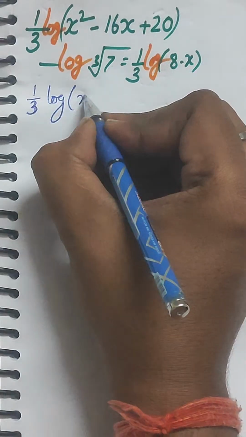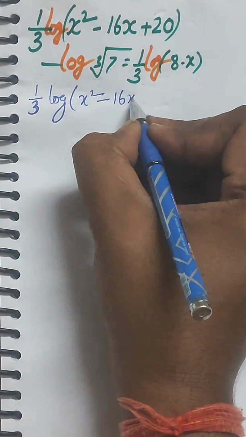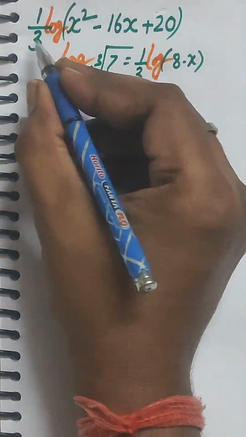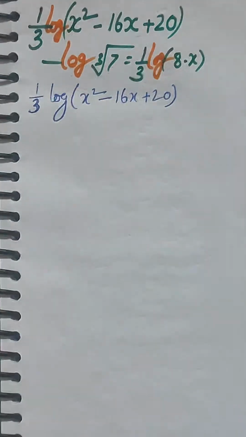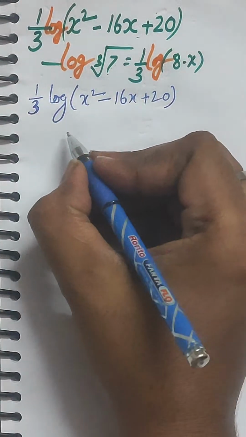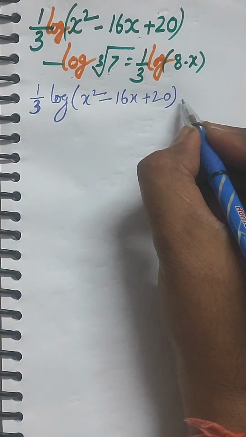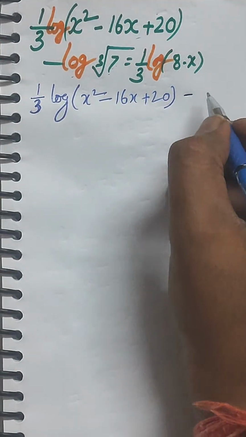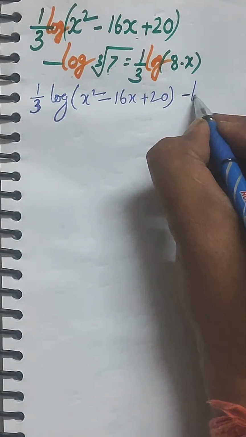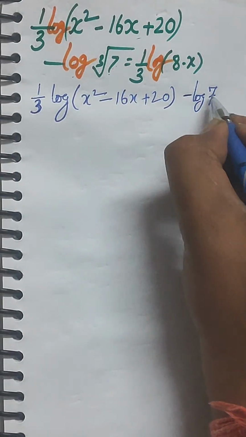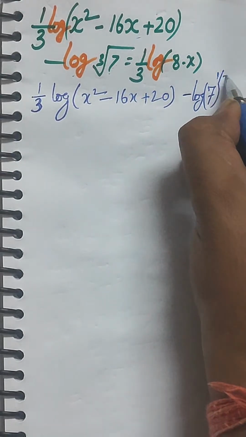just as it is, x square minus 16x plus 20. Just write the first term as it is, and the second term can be written as minus log of 7 power 1 by 3.